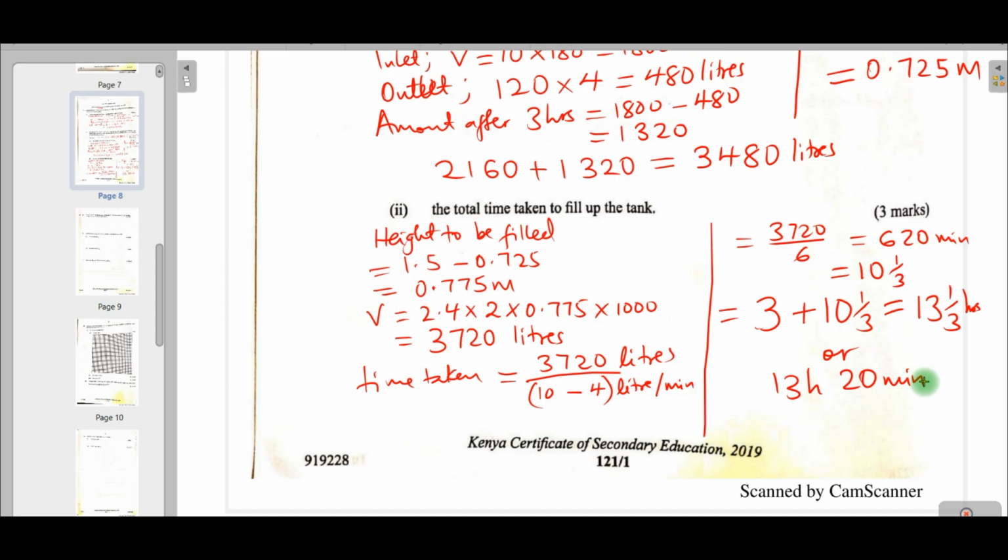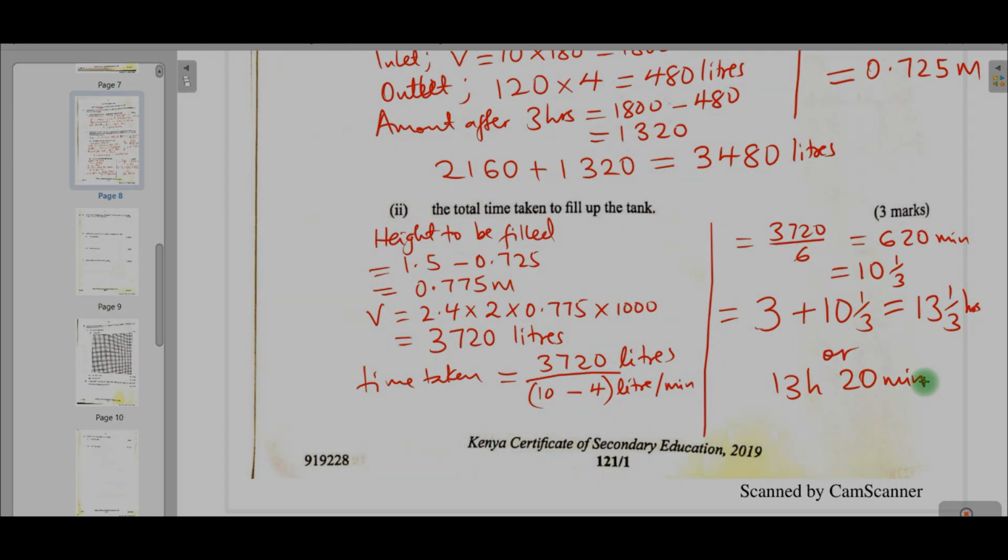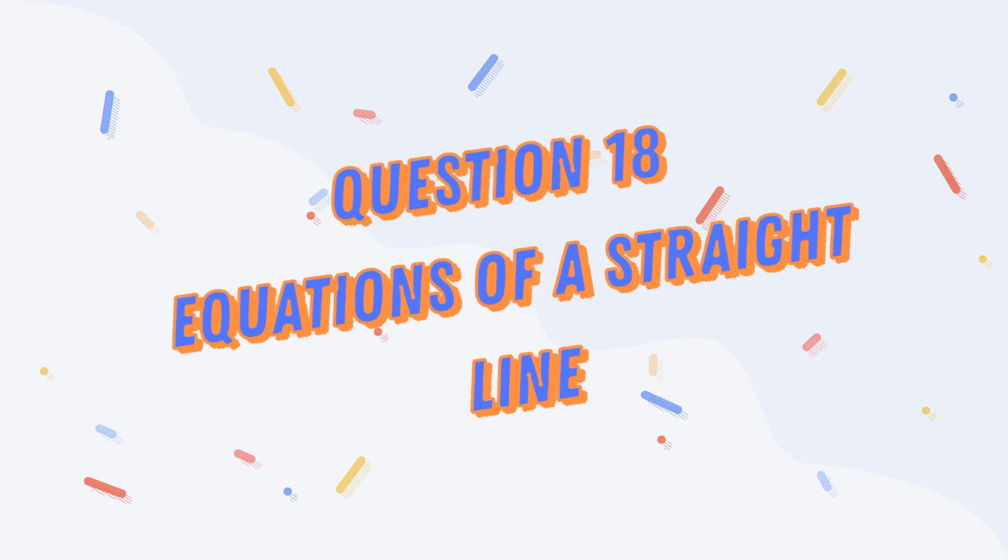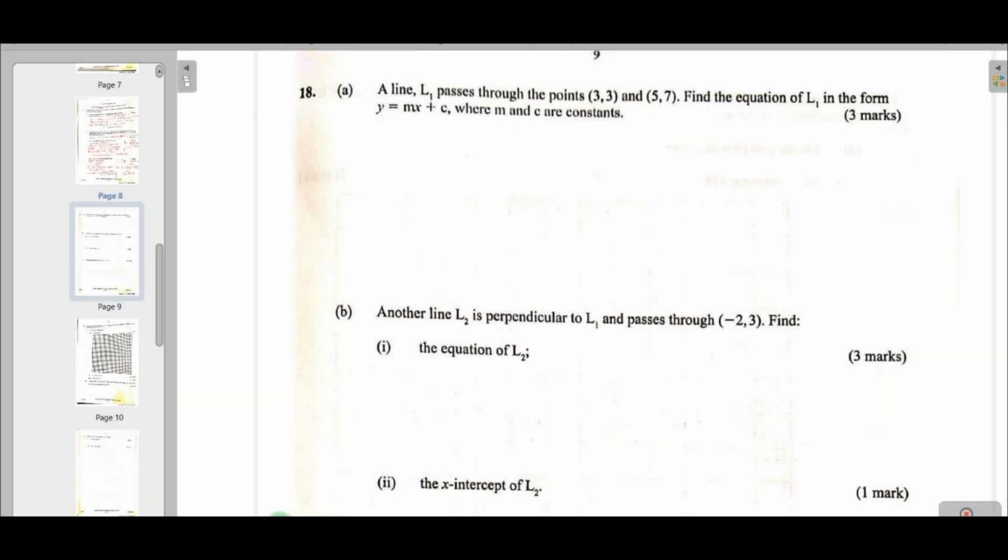So we can proceed on to question number 18. For question 18, part A, a line L1 passes through the points (3, 3) and (5, 7). Find the equation of line L1 in the form y equals mx plus c, where m and c are constants.